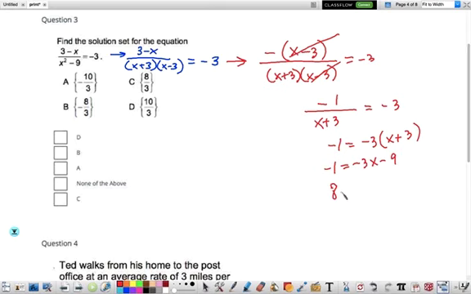Add the 9, you get 8 equals negative 3x. So that means x equals negative 8 over 3. Did you get that? Yeah. Okay. If you got 2 answers, that means you had an extraneous answer, right? And doing this canceling gets rid of those.